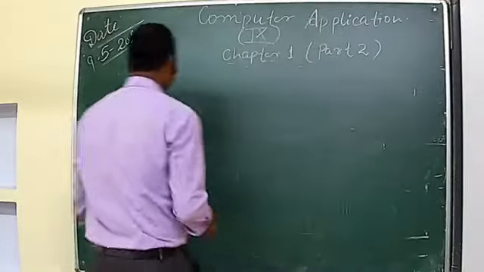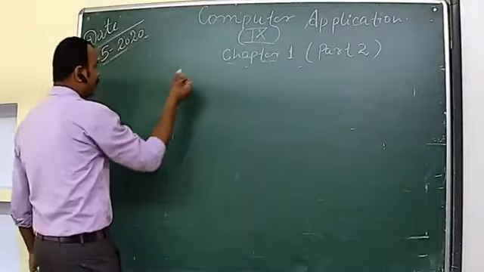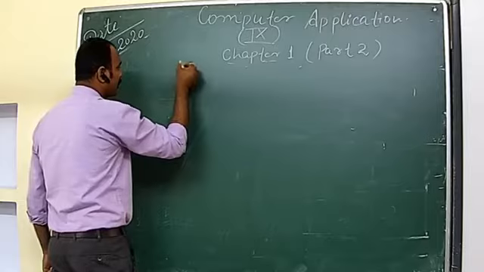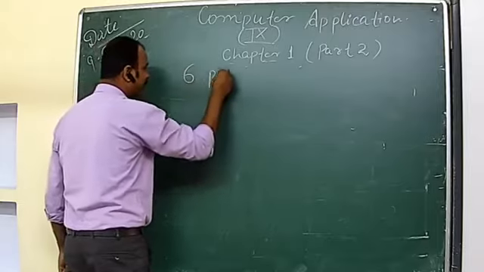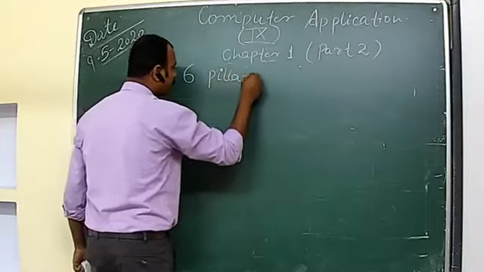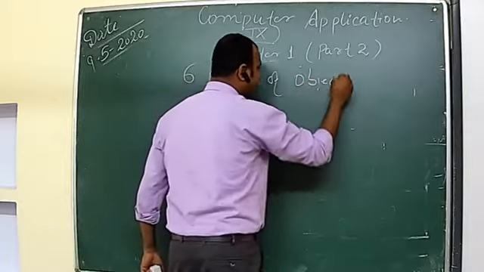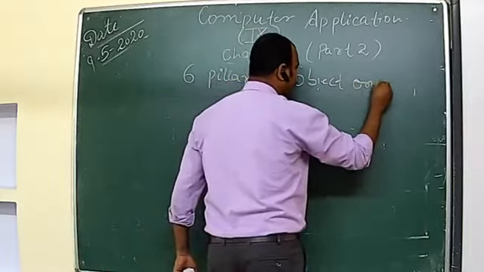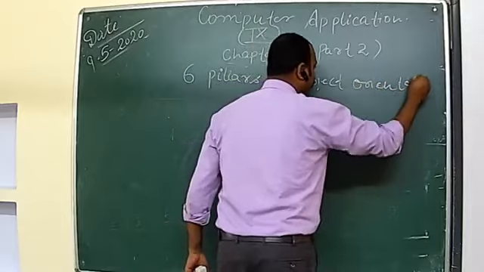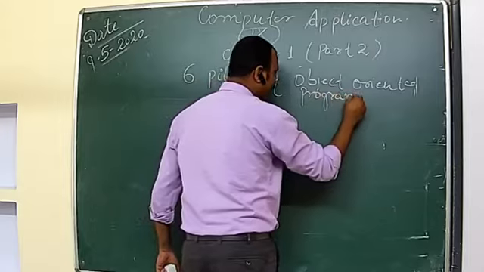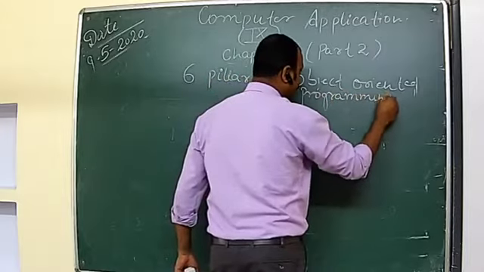Basically, you can say here, let me write, the six pillars of object-oriented programming language.